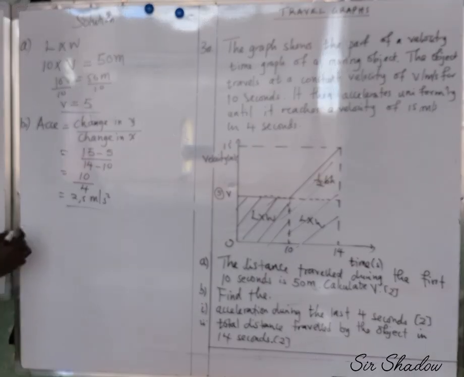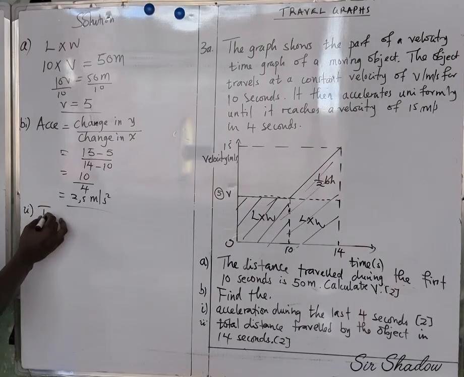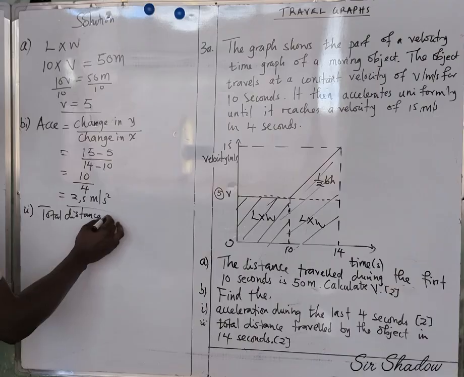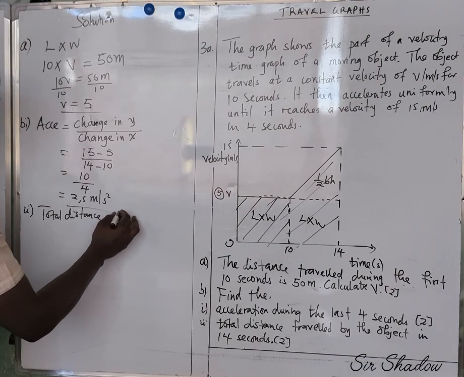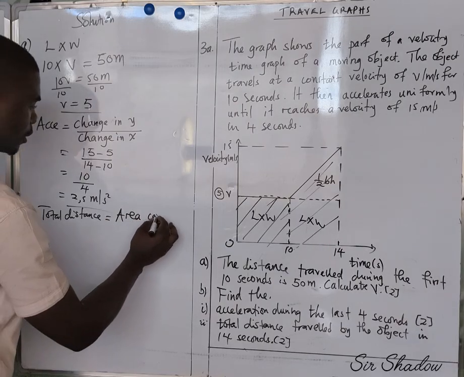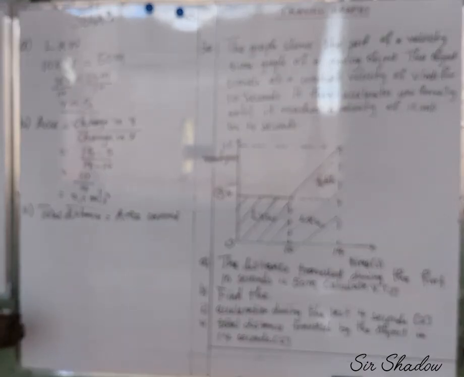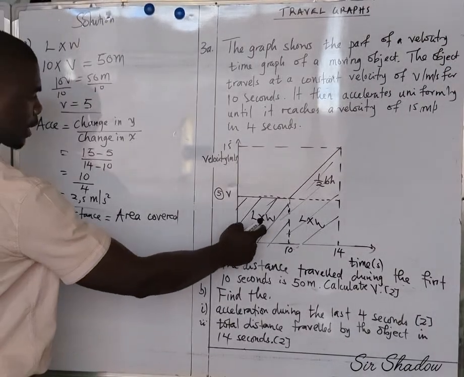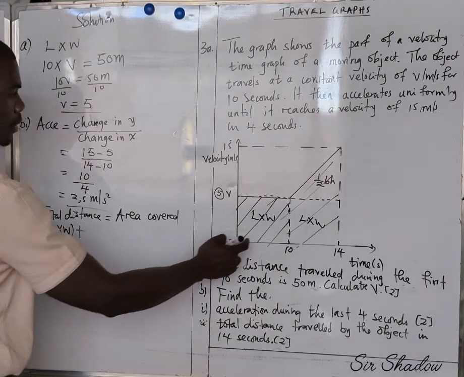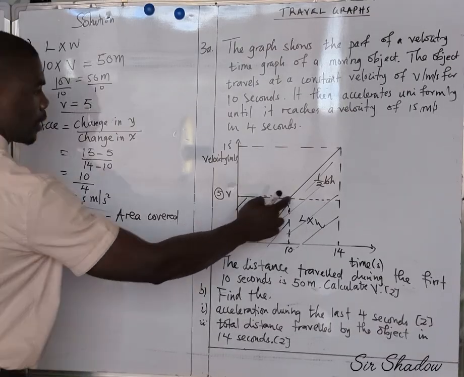So for me to calculate the total distance covered, I have to say total distance equals area covered by the object. This becomes length times width plus length times width plus half BH.